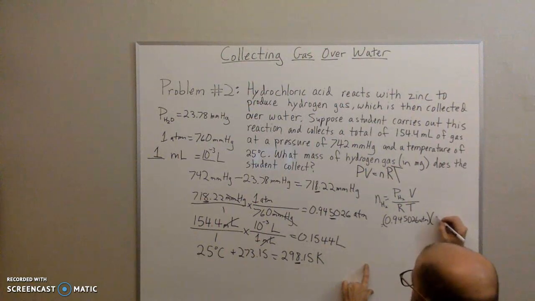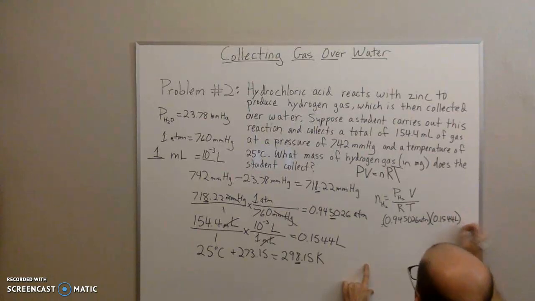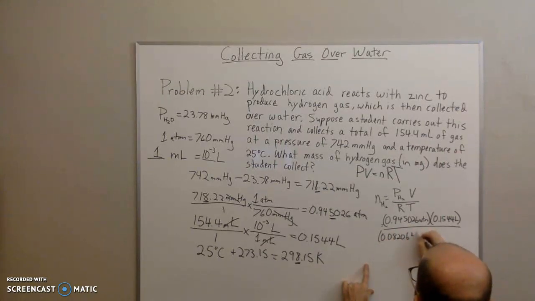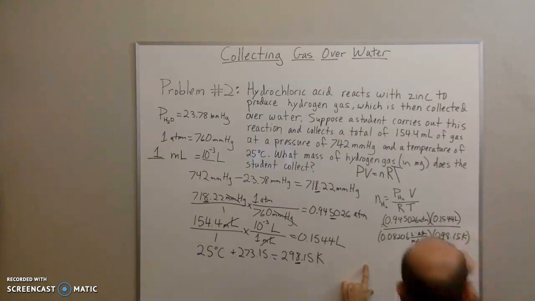Volume is 0.1544 liters divided by the R constant, 0.08206 liter atmosphere over mole Kelvin. Multiply, okay, where's temperature? 298.15 Kelvin.